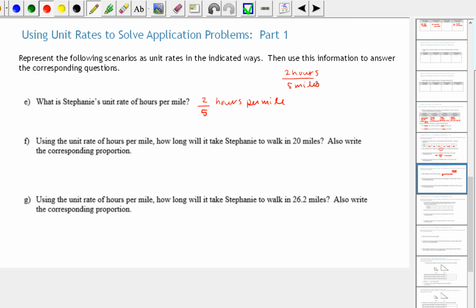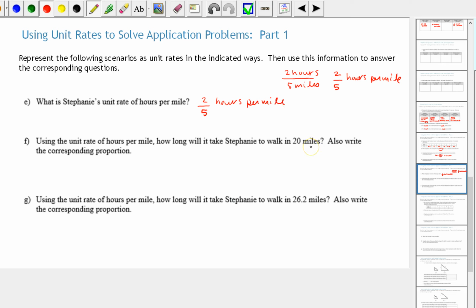And then you may want to talk about how we can think of this as dividing the top and the bottom by 5, or whatever way makes most sense to them. This is equivalent to 2/5 hours per 1 mile. So it takes 2/5 of an hour for Stephanie to walk a mile. And then using this unit rate to solve these.